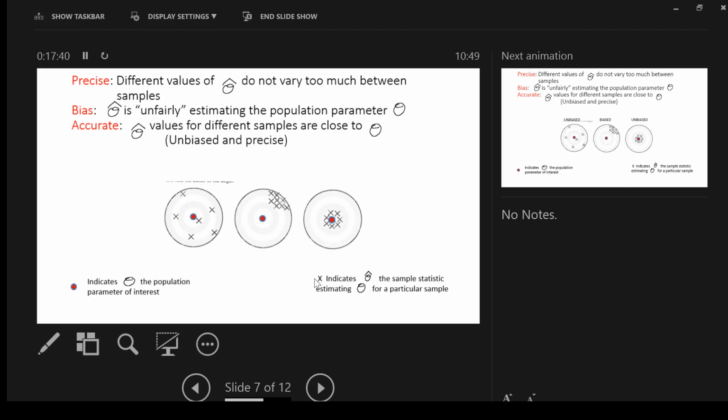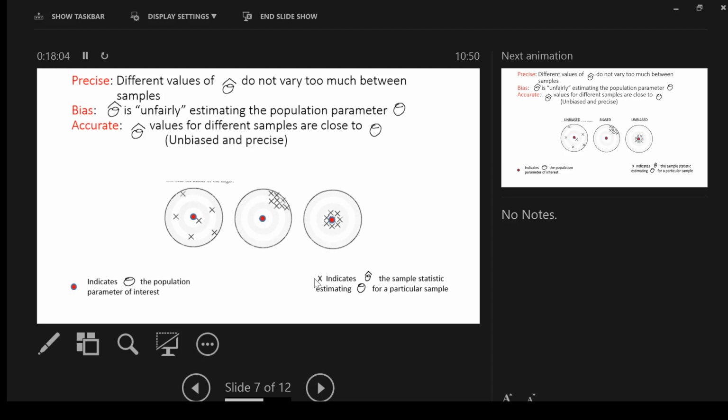So bias. What does bias mean? Theta hat is unfair. That one's definitely biased. Can you see? You're always up in the corner. It's far away, but it's not symmetric around the thing. This is not precise. They're all over the place, but it's actually unbiased because you could be much too big or much too small. So bias tells you whether it's fair.